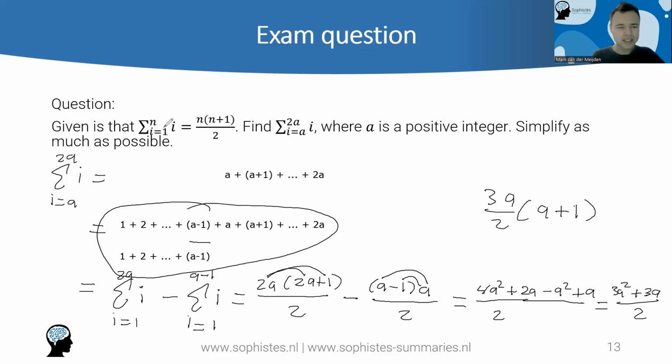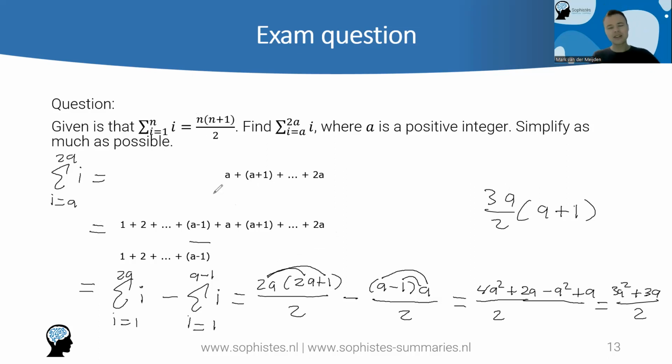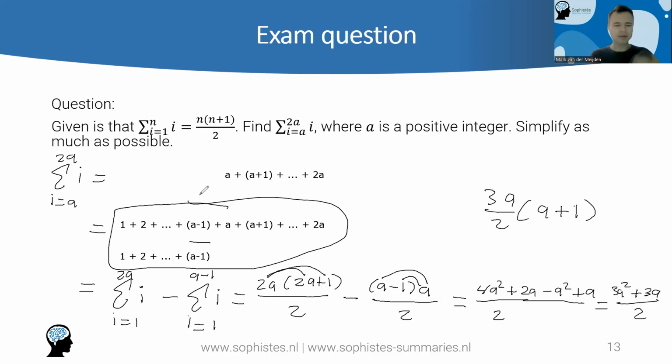Okay, so what I saw is that I need to have a series that starts at 1. So I had to come up with a way to get a series that starts with 1, and this was the trick. This one didn't start with 1, and therefore I took 2 series subtracted from each other that do start at 1. That's just the trick.